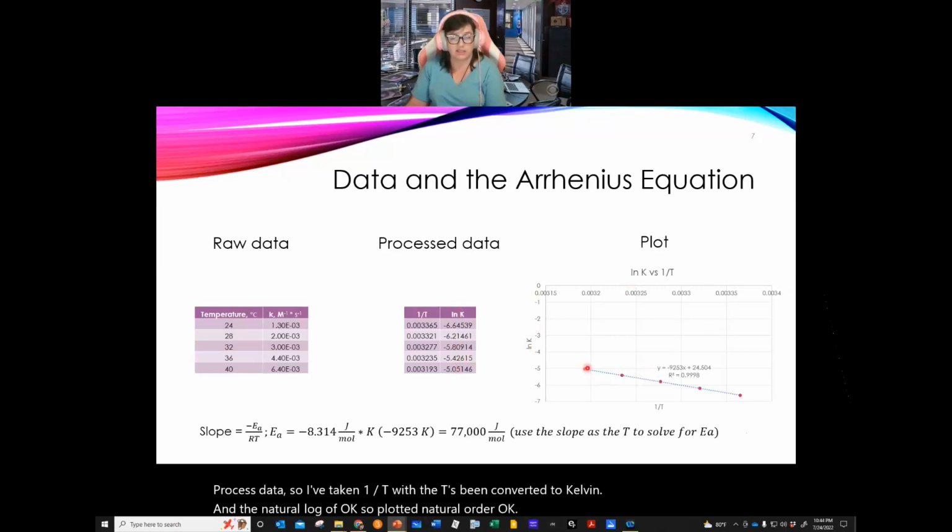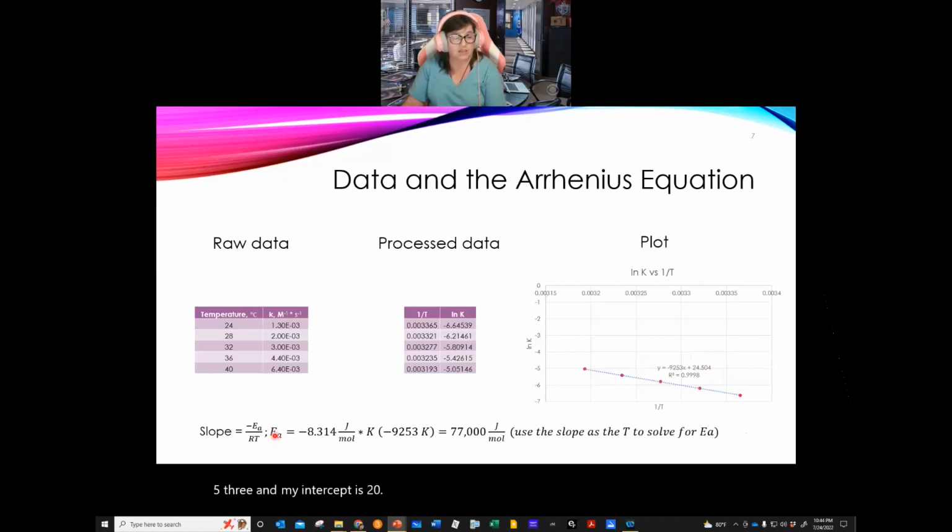I can see that this line has a line of best fit, with 0.9998 as my R-squared value, so it's a pretty good fit. I can see that my slope is negative 9253, and my intercept is 24.504.